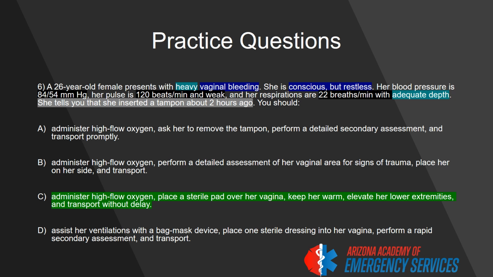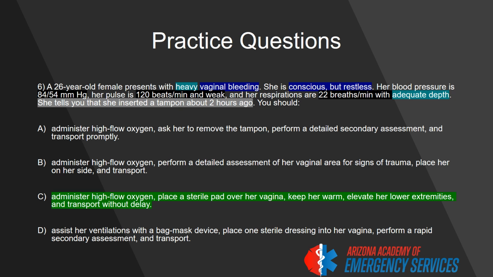Now, answer option A, administer high flow oxygen, ask her to remove the tampon, perform a detailed secondary assessment, and transport promptly, is incorrect because we wouldn't necessarily ask her to remove the tampon.